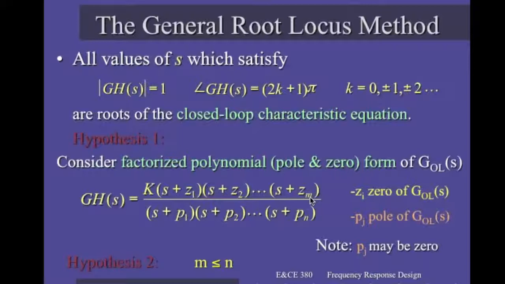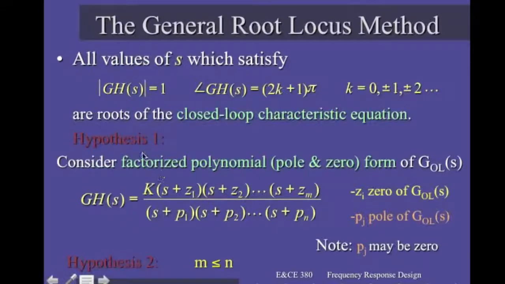And the denominator is S plus P1 times S plus P2 times S plus Pn. It means that we have n poles of our transfer function. Please consider that this is the open loop transfer function.